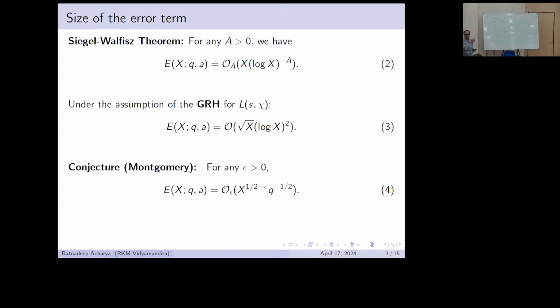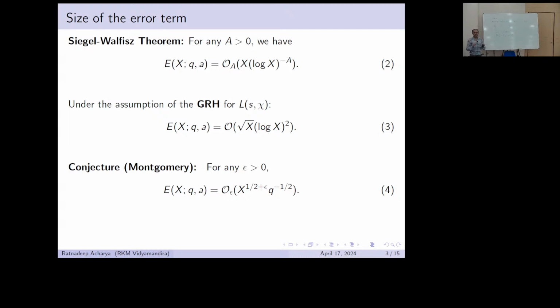So the asymptotic is said to be non-trivial if the size of the error term is less than that of the main term, which is π(x) over φ(q).